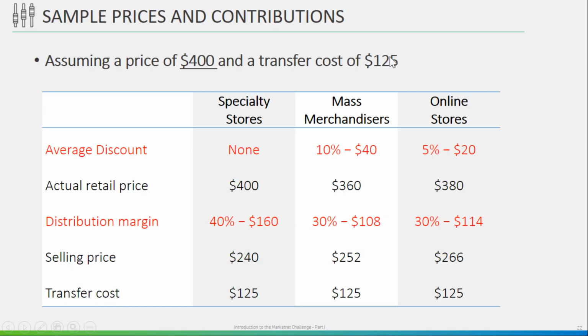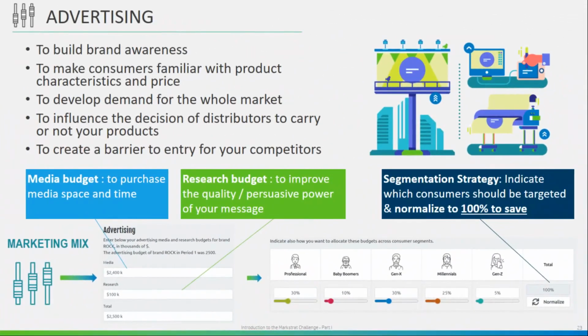If your product costs you 125, we refer to it as transfer costs in this context. Subtract the transfer cost from the selling price, it'll tell you how many dollars you're going to make per unit. So, got to keep those things in mind, the discount and the margin, when thinking about the price that you're going to set and the money you're going to make on the sale of each unit.